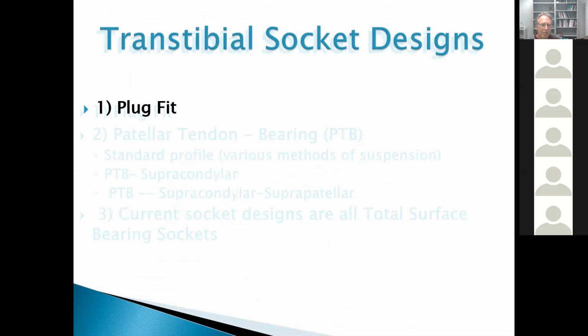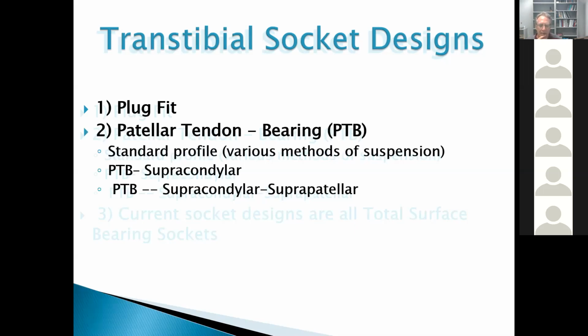Okay, so traditionally there was a plug fit, and I'll show these to you after we just describe them a little bit. And then what was developed after the Second World War, based upon research that was done to help improve the designs of prostheses for people with amputation, was a patellar tendon bearing.